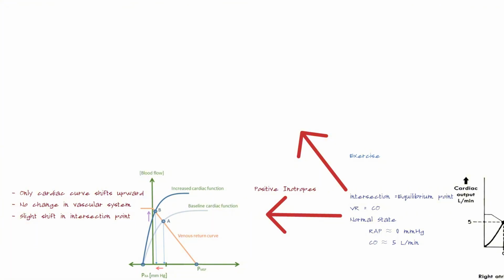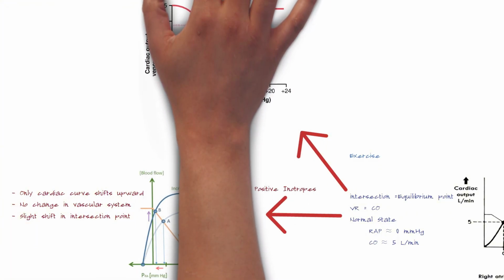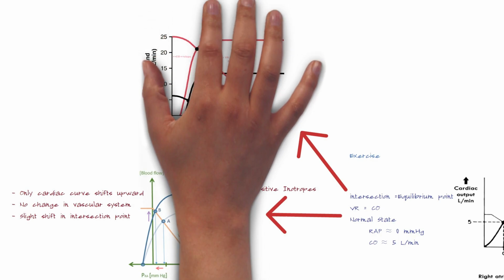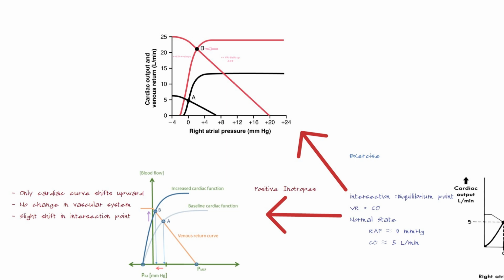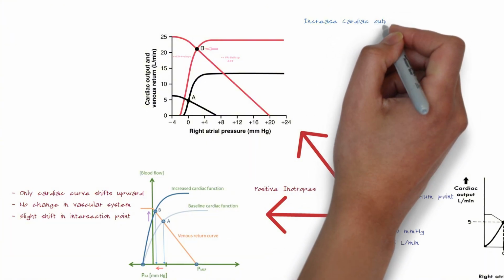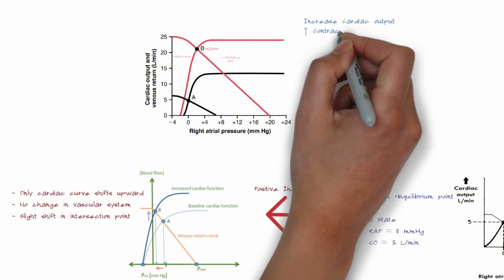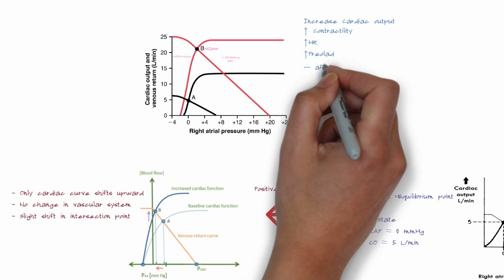What happens during exercise? During exercise, both curves change. First, the cardiac output slope increases. This is due to increased contractility, increased heart rate, increased preload, and decreased afterload. But the venous return curve shifts upward to the right because of the increase in the mean systemic filling pressure, by increasing the venoconstriction, the arteriole dilatation, and the muscle pumps.